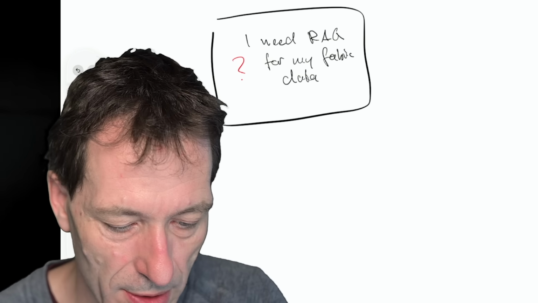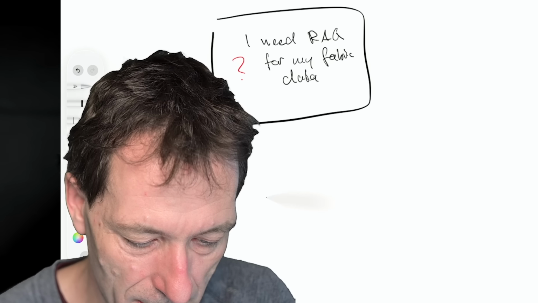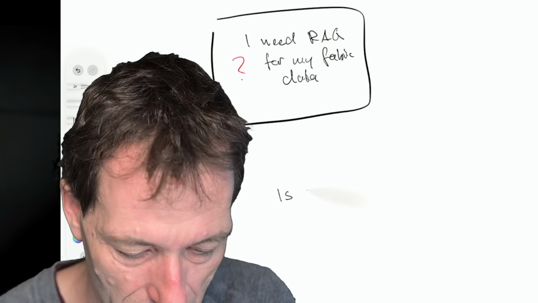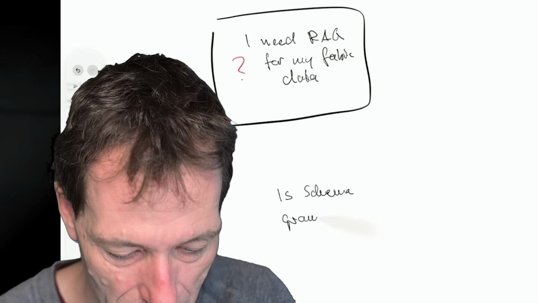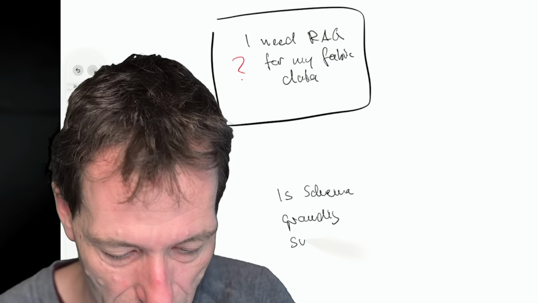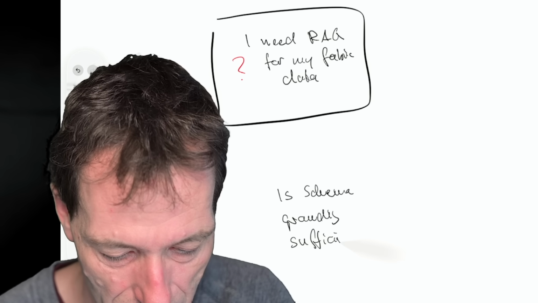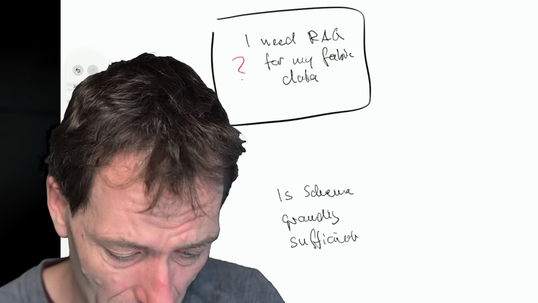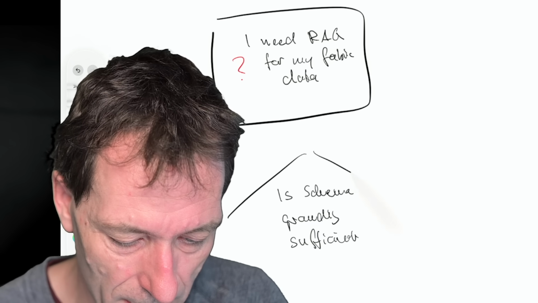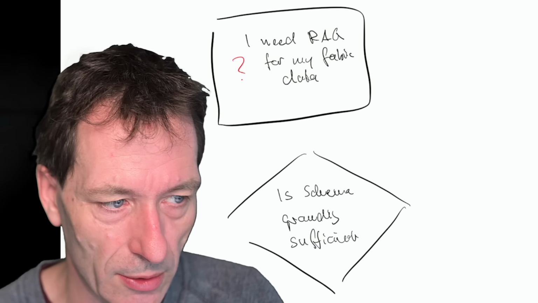So first question is, is schema grounding sufficient? Or the other way around, is your schema good enough that the data agent can read something out of that schema or not?